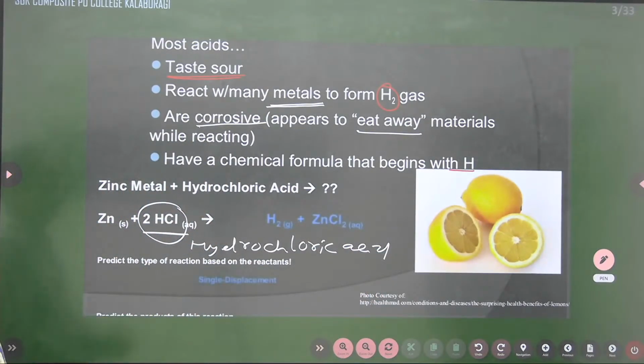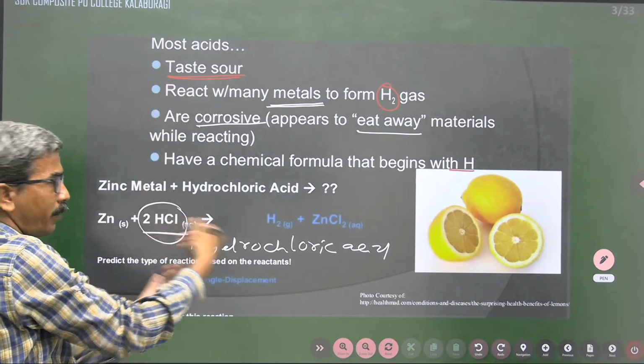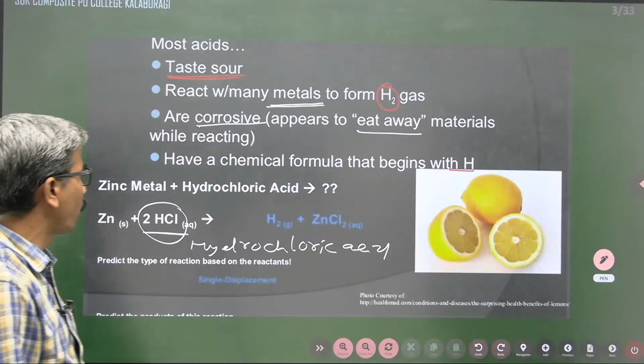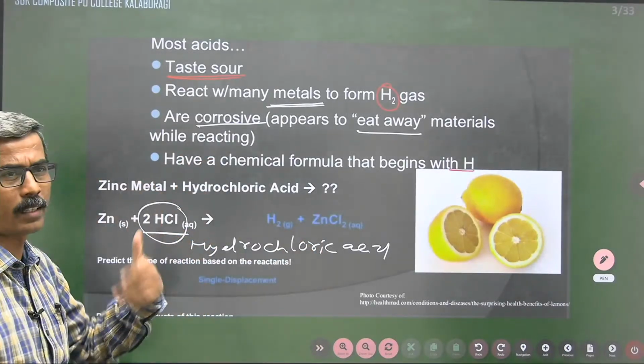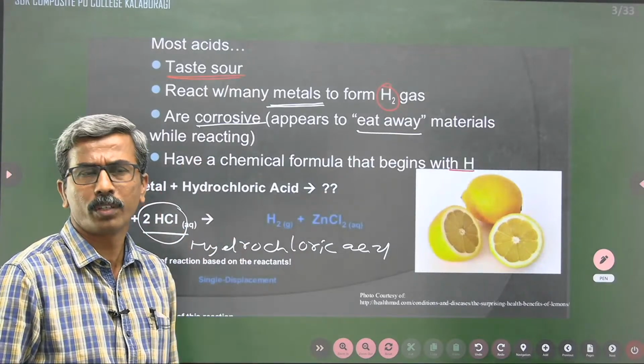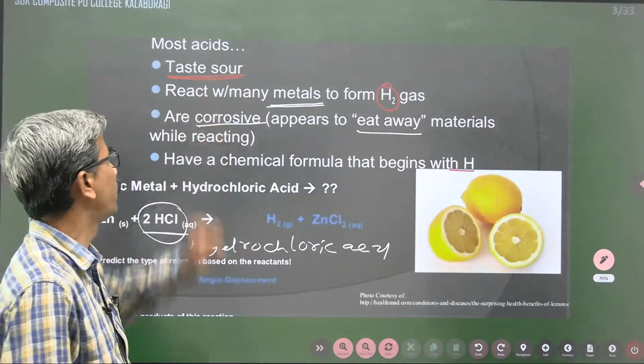Now most of the acids have the properties I have said. The taste we don't have here, because we cannot taste hydrochloric acid. Sour is the taste, but including the other effects they have, we don't know, so we are not going to go with that one.